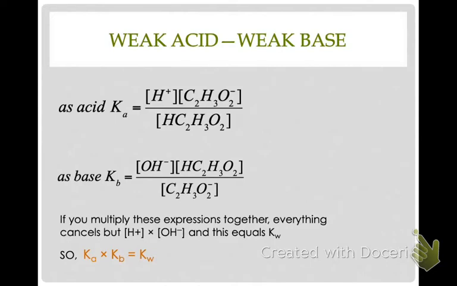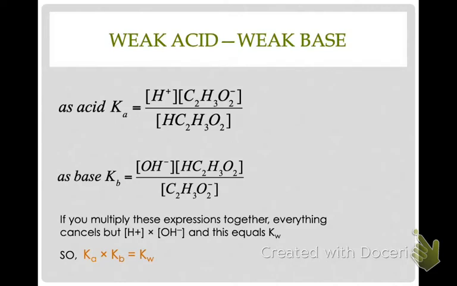And then you can see I did the same thing for the reaction where we have the acetate acting as a base. And in the numerator I have the hydroxide ions multiplied by the acetic acid, and those are our products, and then I have that divided by the acetate ion, which was a reactant in this case.